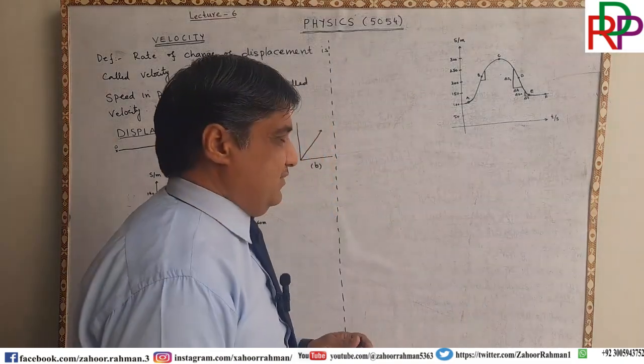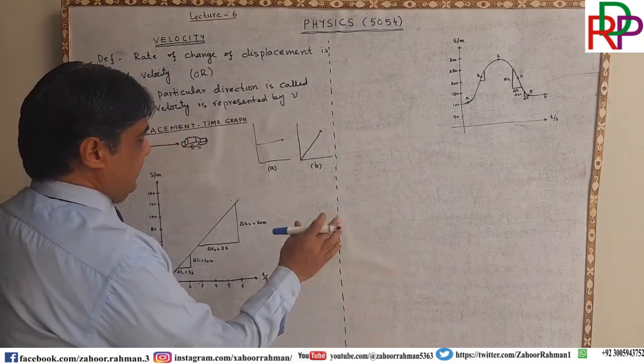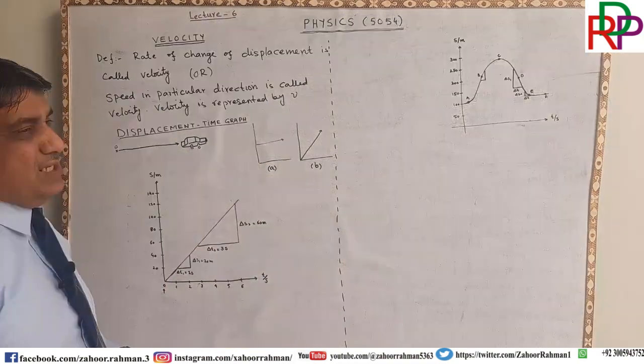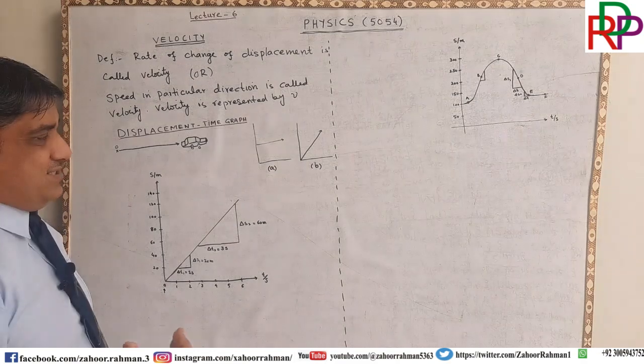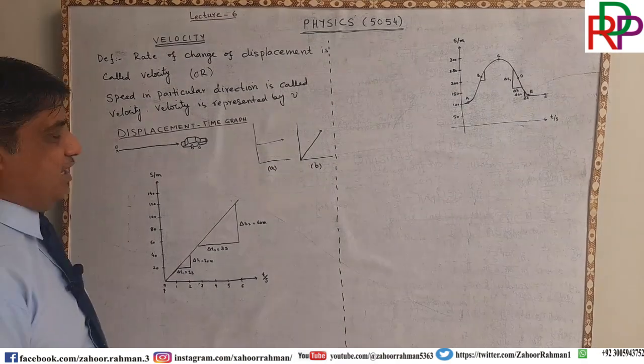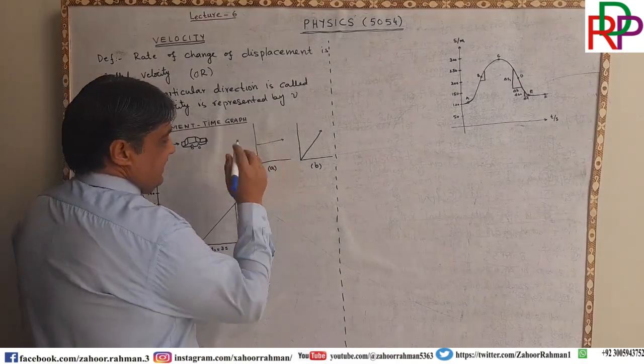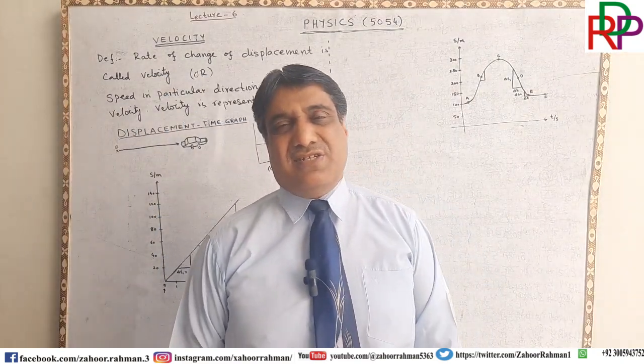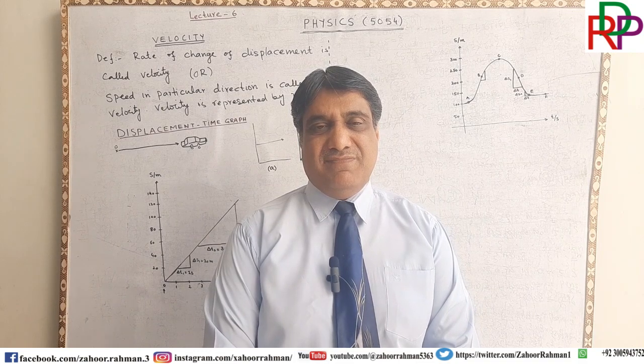And we will prove how it covers equal distances in equal amounts of time in this particular case. In the second case, what is constant velocity?